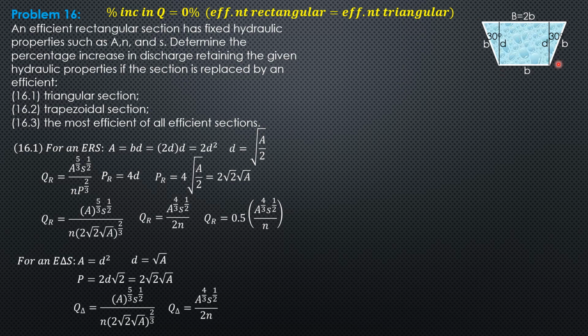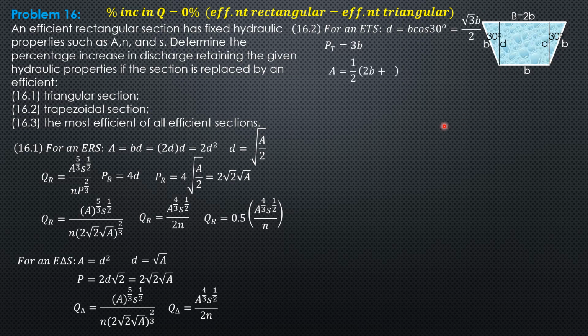So that proves that for an efficient trapezoidal section, the top width should be equal to the sum of the non-parallel sides. By the way, the depth of flow, in terms of B, is B cosine of 30, or square root of 3 B over 2. The perimeter is 3B, B plus B plus B.